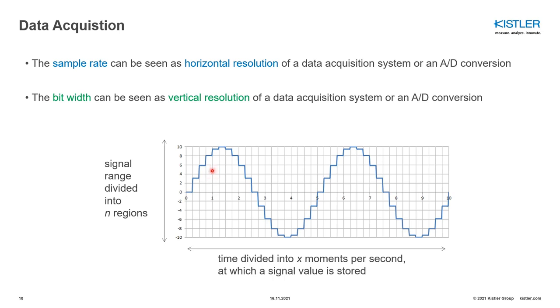The vertical part, the vertical resolution, is the bit width. Those are properties of your data acquisition system or your AD conversion. The sampling rate can be presented as samples per second or also hertz, but it is a property of how fast you are sampling.